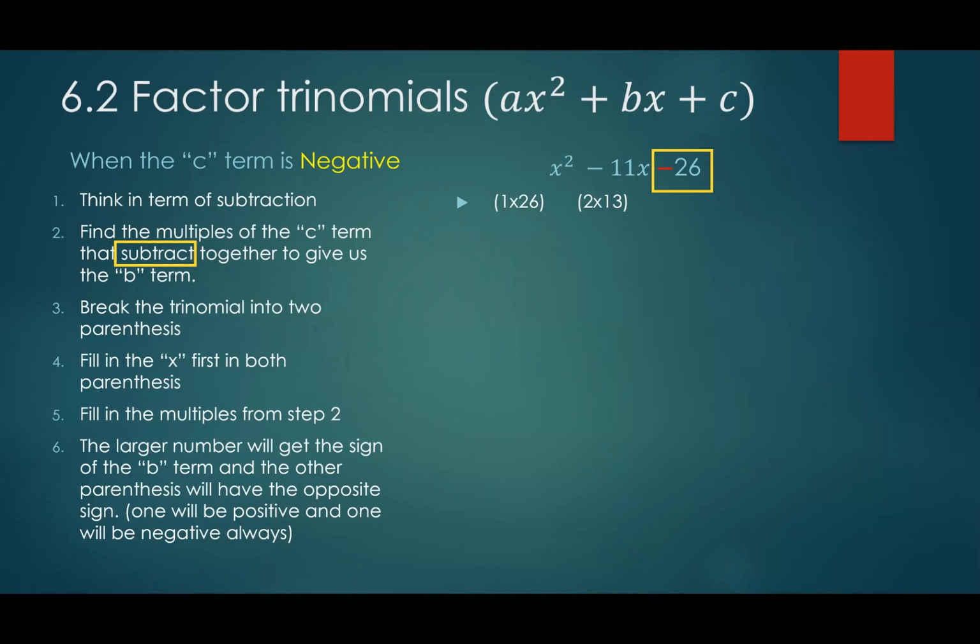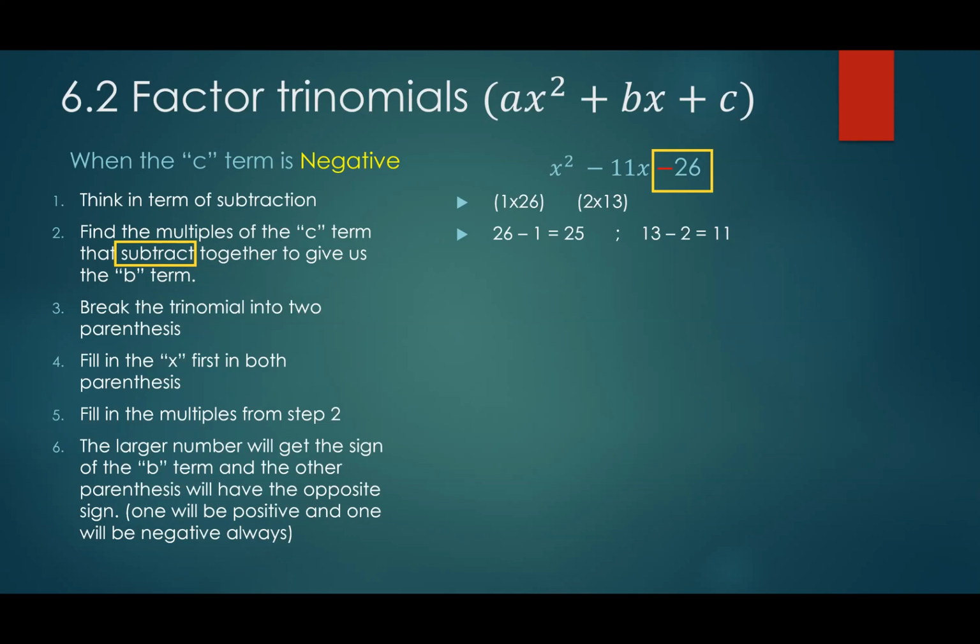There's no other number that multiplies to give you 26. 3 doesn't go into 26 evenly, 4 doesn't, 5 doesn't. All we ask ourselves is, are there two numbers that multiply to give me 26, but subtract to give me 11? And in this case, we can see that it's 13 and 2.